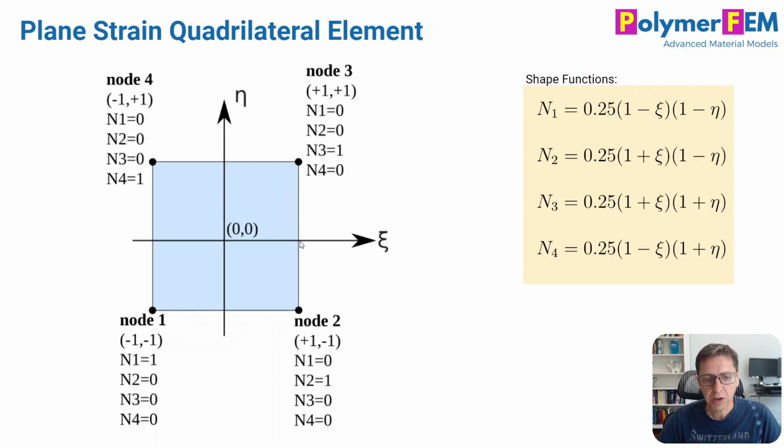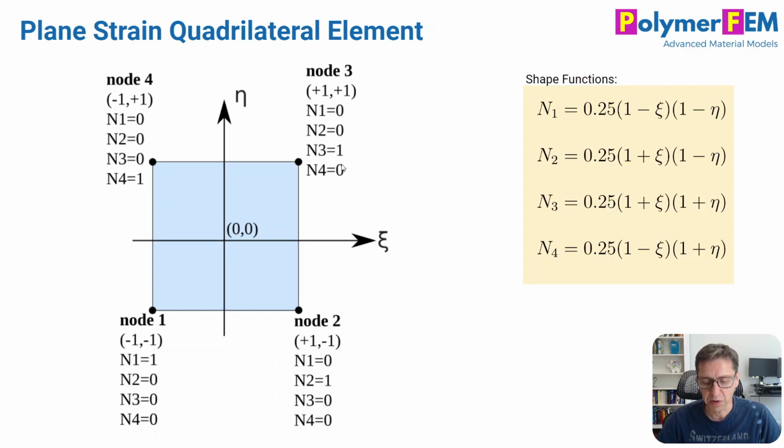The coordinates here, instead of x and y, we will call xi and eta. And they will go between -1 and +1 for the 4 corners. I claim that these equations here will do exactly that. If you plug in the coordinates of the corners and think about it a little bit, you will get exactly the quantities that I wanted on the left there.